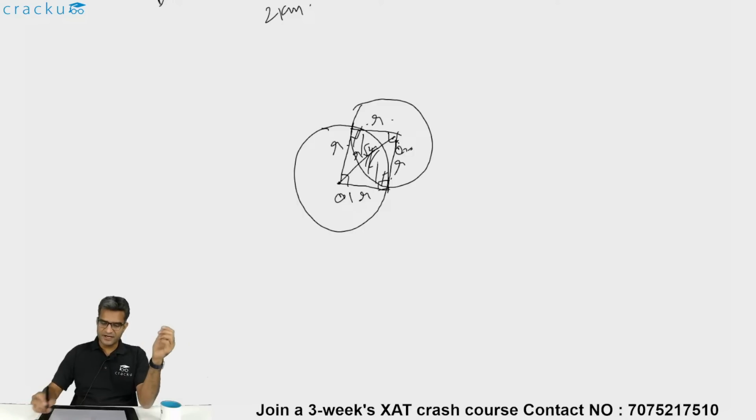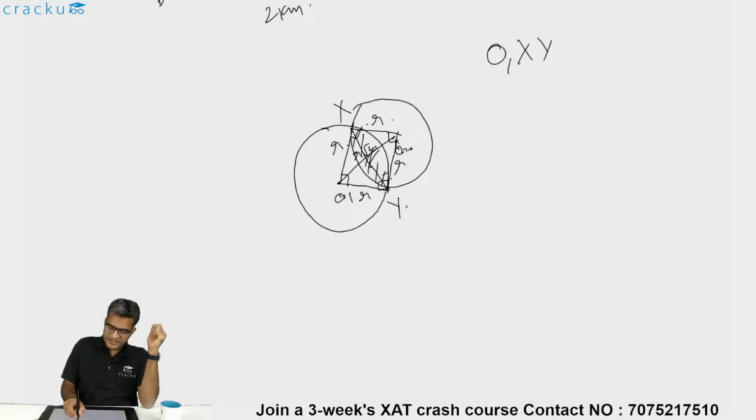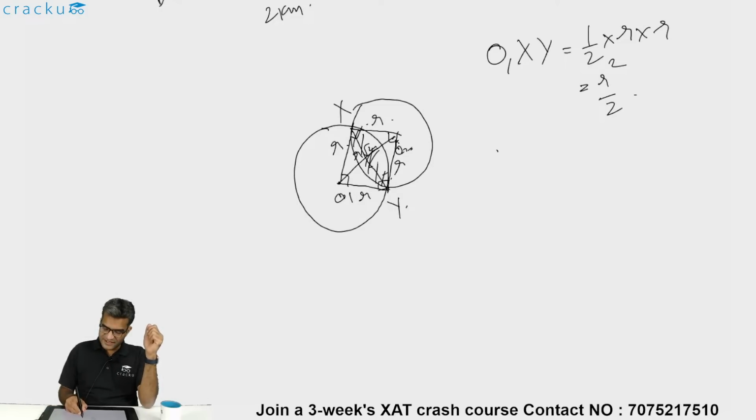If you are required to calculate the area of overlap, just draw a line over here. If this is X and this is Y, what is the area of the triangle O1XY? The area of the triangle O1XY is 1 by 2 into R into R, which is R square by 2. What is the area of the sector O1XY? This sector.